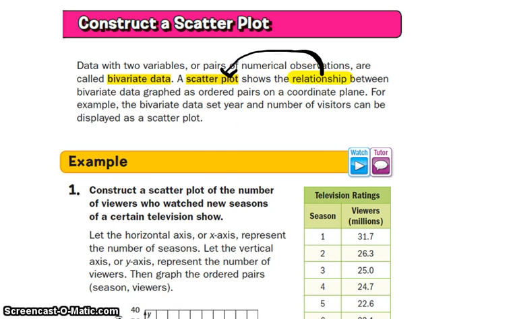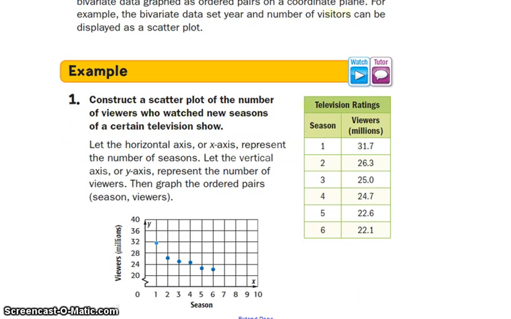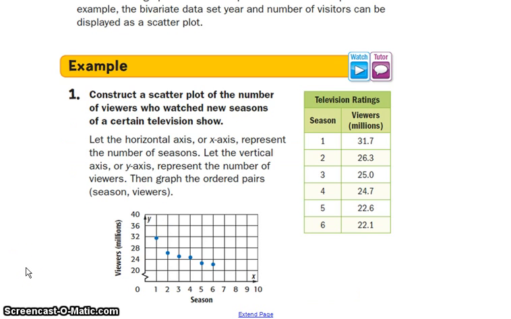Okay, let's take a look at an example here. Construct a scatter plot of the number of viewers who watched new seasons of a certain television show. It says let the horizontal axis, or the x-axis, be the season. The vertical axis is going to be the viewers per million.